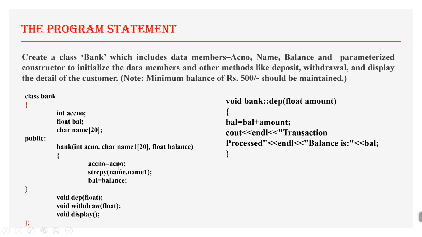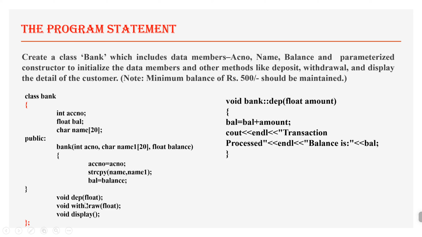You cannot use the same name, because if you use the same, a private member cannot be a member of the parameterized constructor. Then string copy name to name one means whatever name one I get, I will be transferring it into name here. Balance, whatever balance I get from the main program, I'll pass it over here. So this is how the parameterized constructor will load the value to the data members.